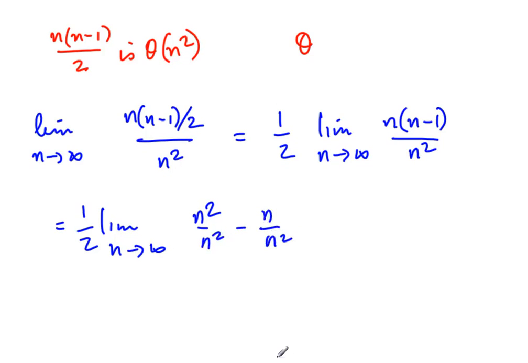So this cancels: this is 1 and this is 1 by n. So I have the limit as n tends to infinity of 1 minus 1 by n. 1 by n tends to 0 as n tends to infinity, so this goes to half. And so this is some constant c greater than 0 which is finite, and therefore this establishes that the two functions are of the same order of magnitude.